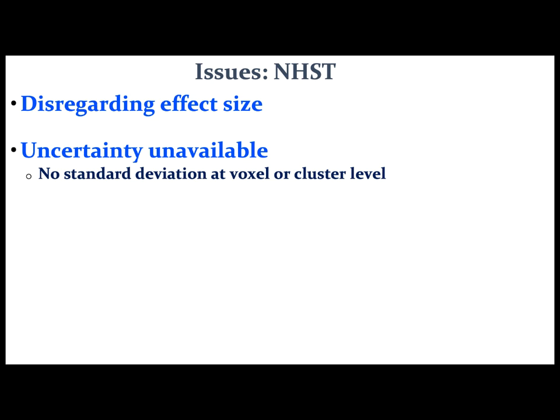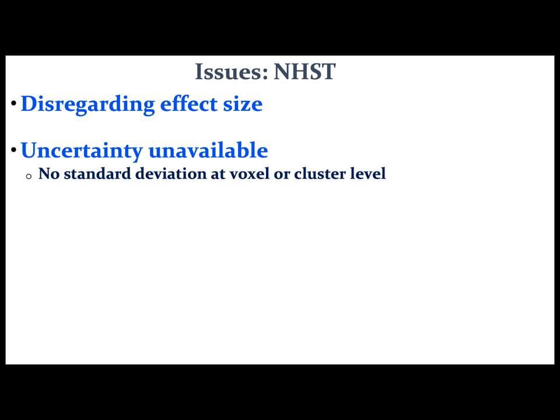That's the reason we need to do correction. So if that's the case, we cannot directly interpret those individual t statistic values. So at the voxel level, even if people report the t statistics, those values are not directly interpretable because of the multiple comparison issue.